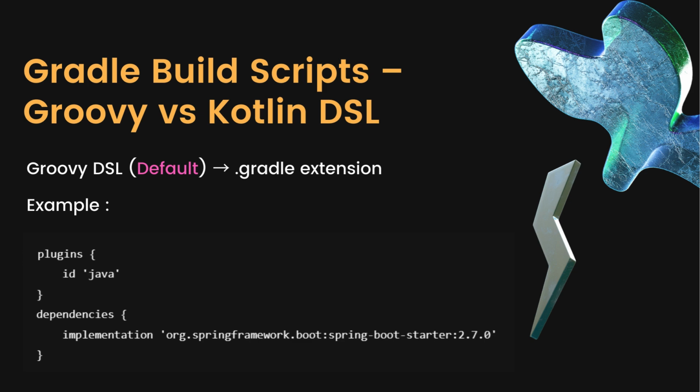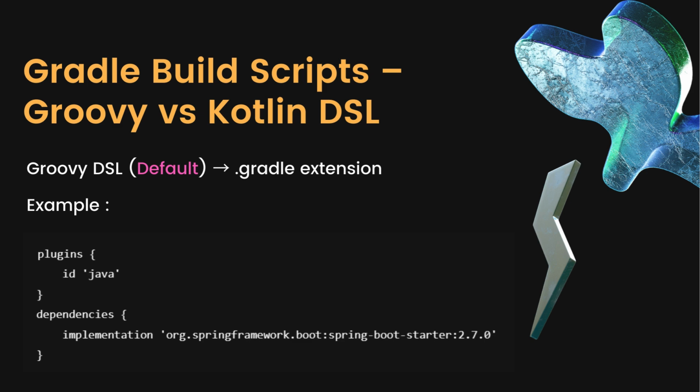In our case, most of the times we have two different programming languages, that is Groovy and Kotlin. First let us look at how Groovy looks like, followed by how the Kotlin programming language looks like.